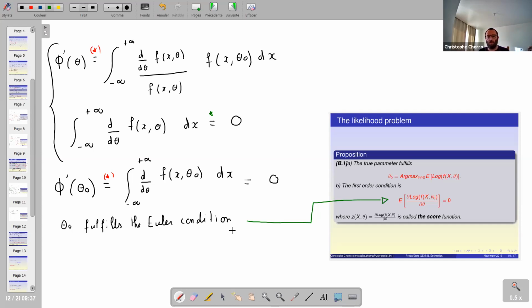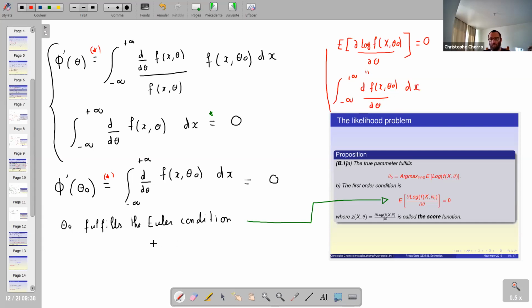To say that theta 0 fulfills the Euler condition means this one, and this one is exactly this expectation here: the expectation of the derivative of the logarithm of f(x, theta 0) over d theta is equal to 0, because it is simply the integral from minus infinity to plus infinity of d f(x, theta 0) over d theta dx by my previous computation.